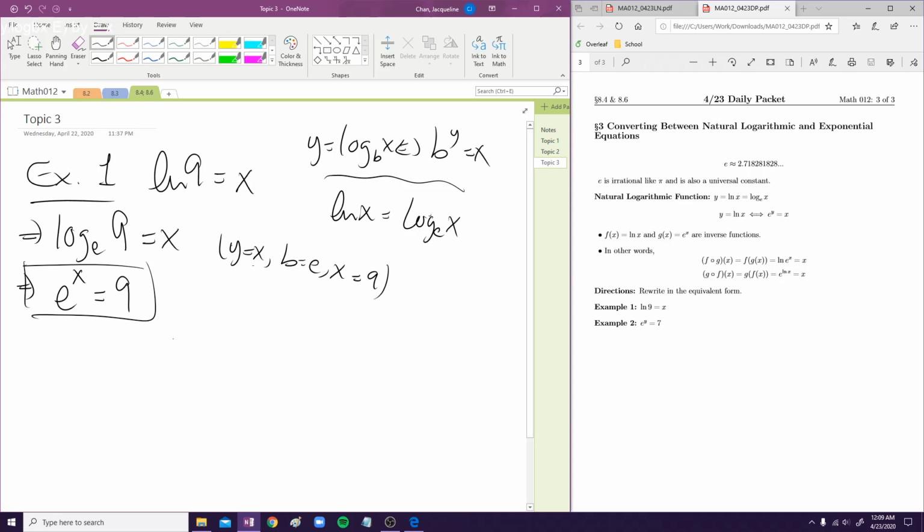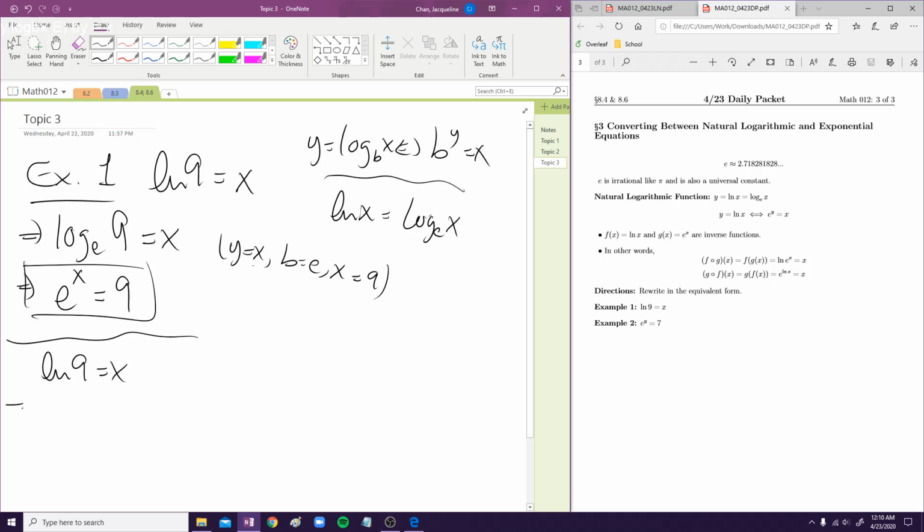You could have also just told me natural log of 9 equals x. So one thing, if you notice here, e to the natural log, or natural log of e, they reduce to 1, so it's just whatever's left over.